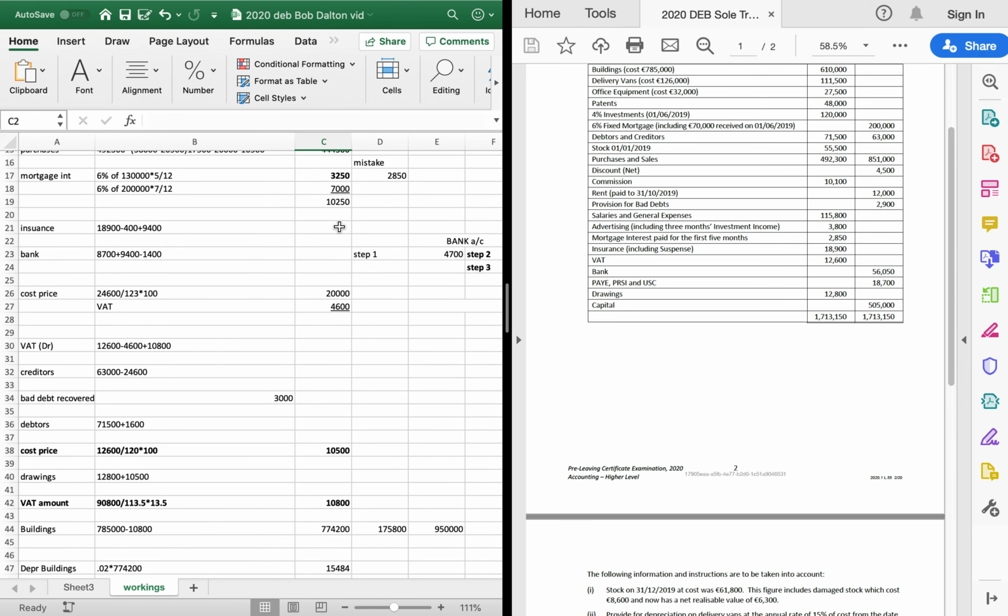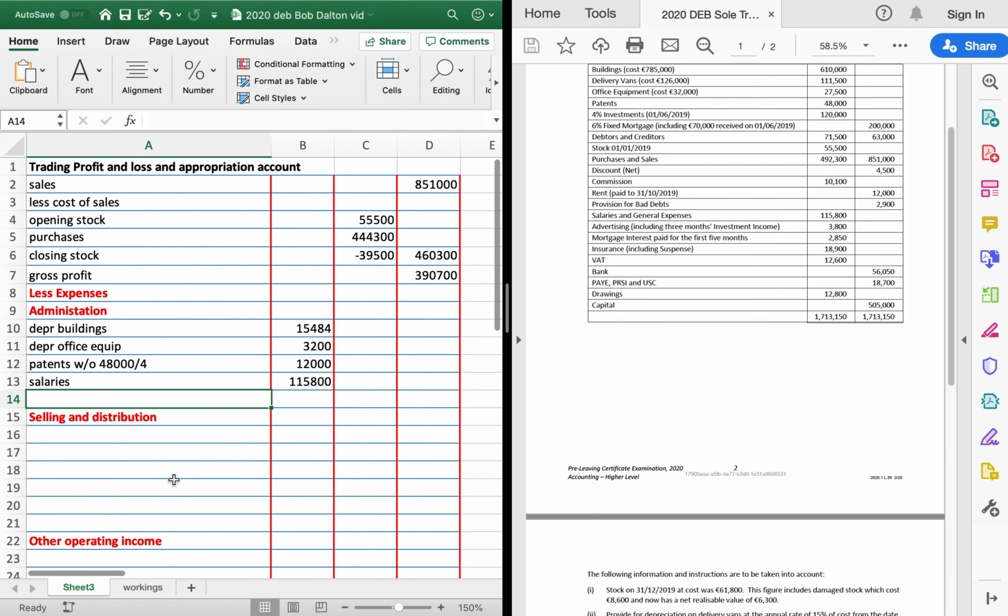So 18.9 minus 400 is 18.5, plus maybe 27.9. Okay, so 27.9 for our insurance. Let's slot that in.